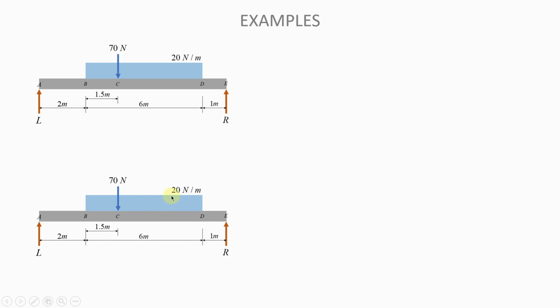So the force equivalent to it will be 20 multiplied by 6, because this UDL of 20 Newton per meter is acting over a length of 6 meters. And that force will act in the middle of that length, somewhere here in the middle of this 6 meters length.